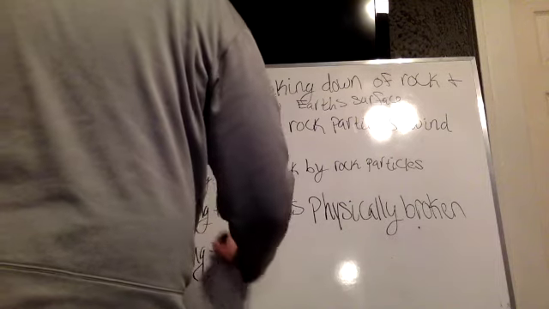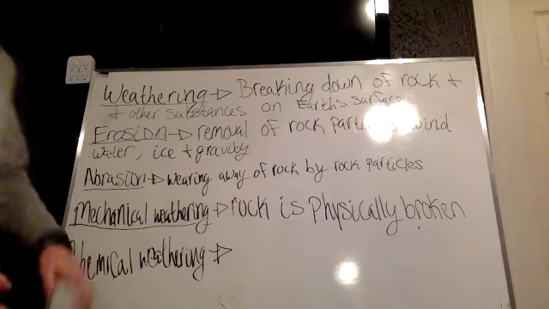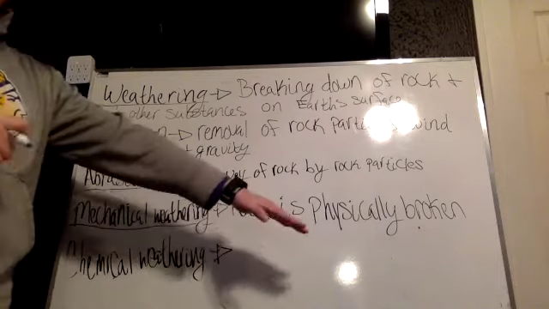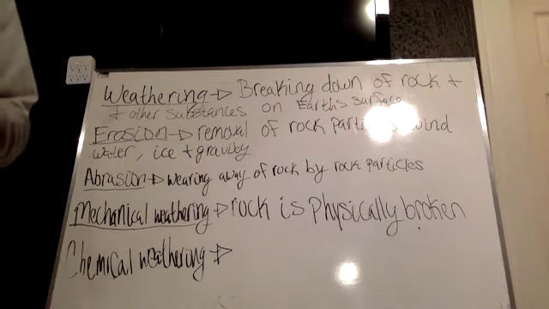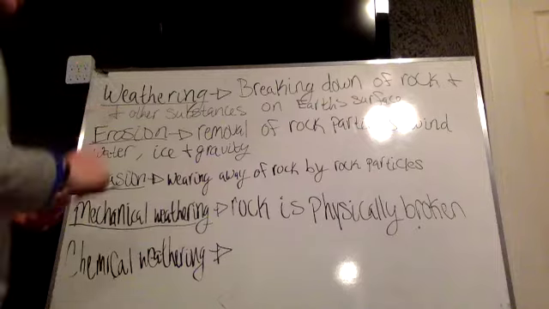Chemical weathering. Okay, so mechanical weathering was a physical aspect of this. Chemical weathering is kind of the exact opposite. Basically, it's the breaking down of rock due to chemicals.